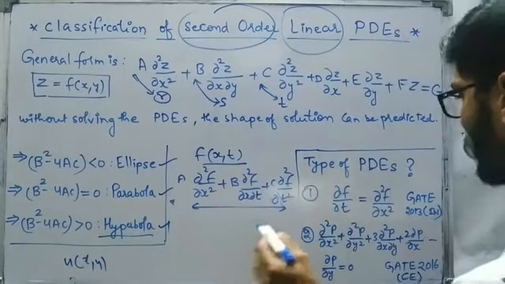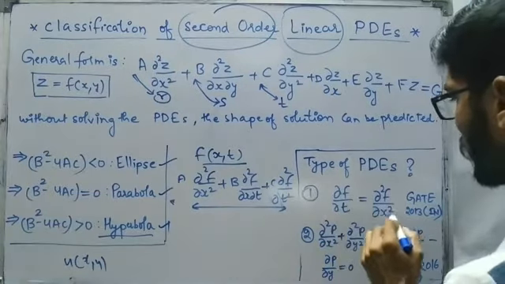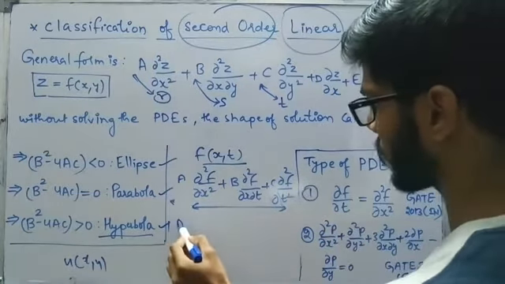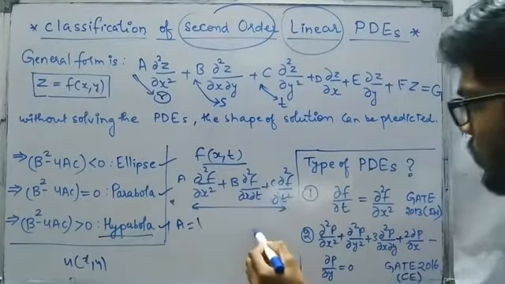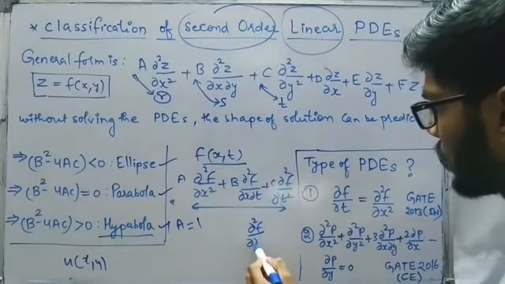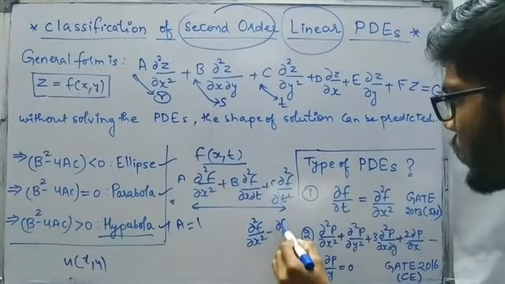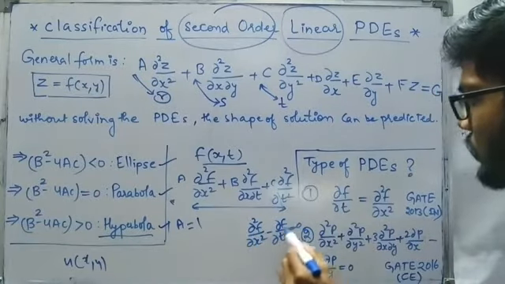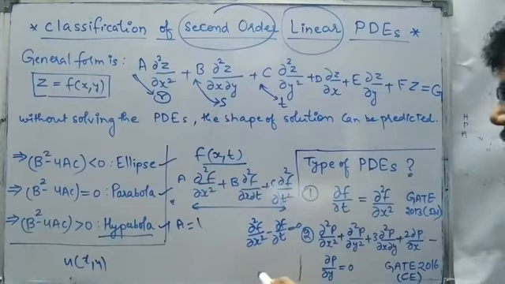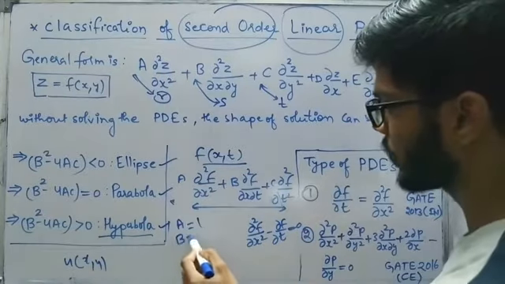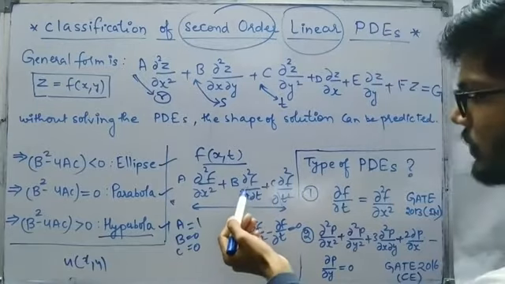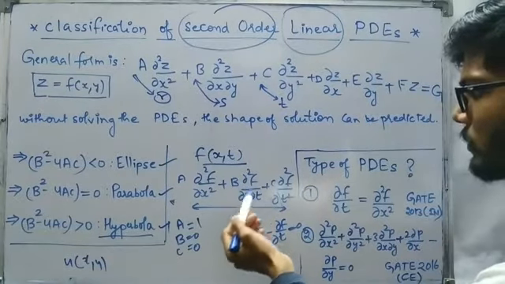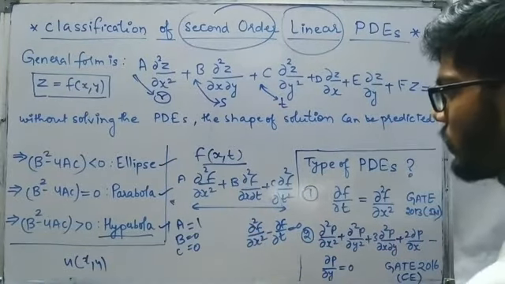The value of a, the coefficient of dou 2 f by dou x2, is nothing but 1. If we write this equation as dou 2 f by dou x2 minus dou f by dou t is equal to 0, then on comparing, we have a as 1 and the values of b and c as 0, because we don't have any terms with differentiation of f twice with respect to x and t, or t alone.